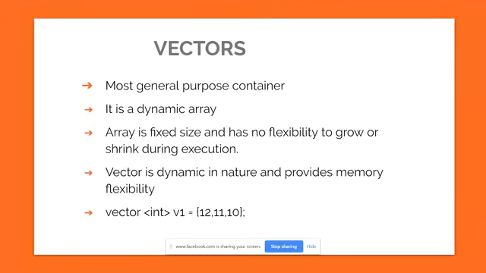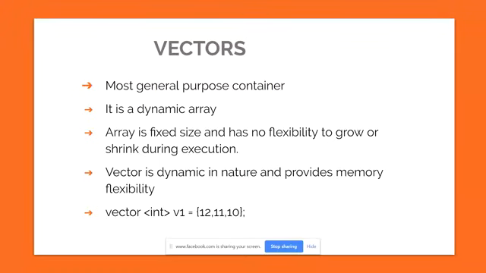That is the reason why vector is used more popularly than arrays, because you never know, if you work in an organization. Suppose you say I have a record of only n employees and I'll insert the data of n employees using an array. What if another employee joins and you have n plus 1 employees now?